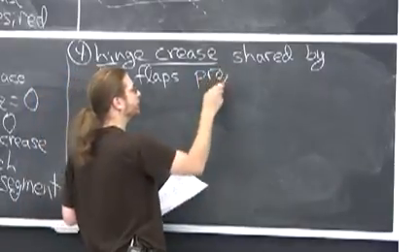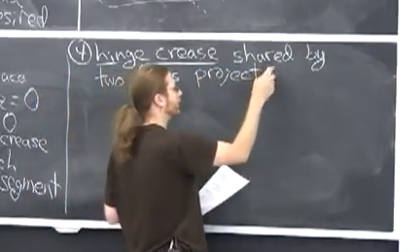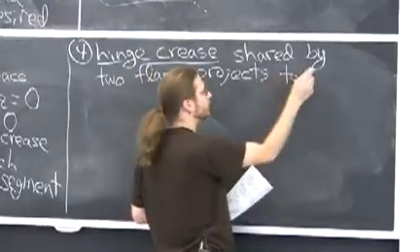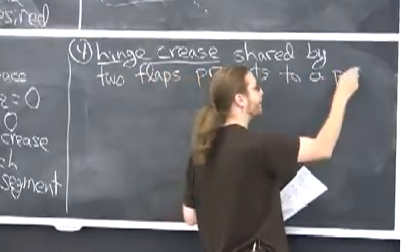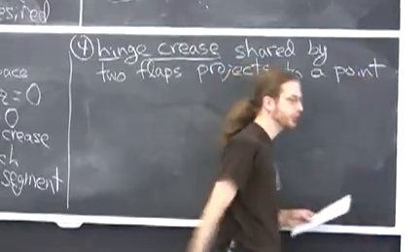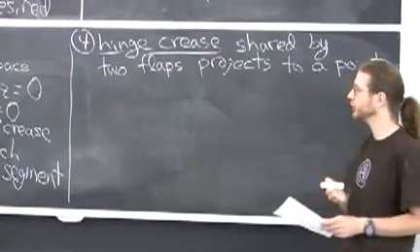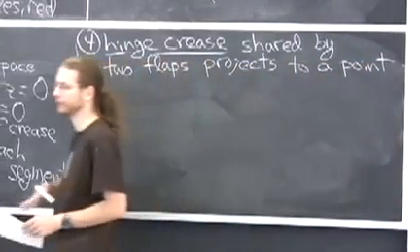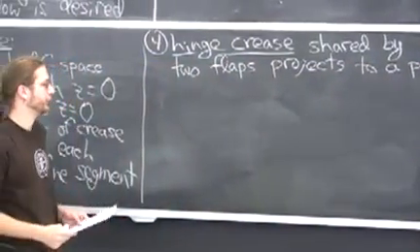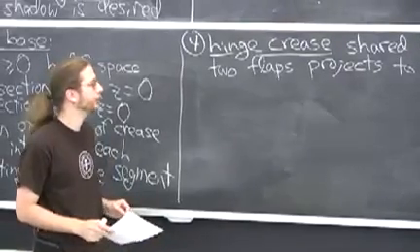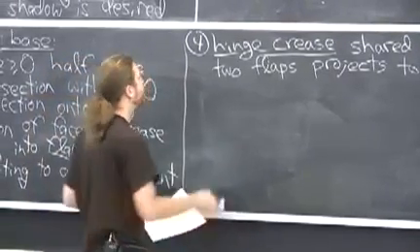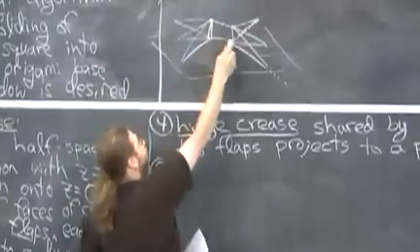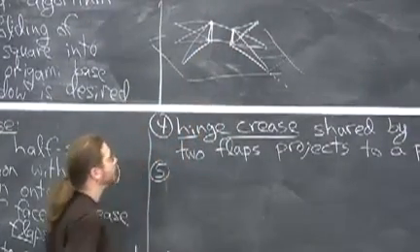These will always require that they project to a point. So this is equivalent to saying the hinge crease is vertical. It's perpendicular to the floor. I'm always projecting straight down onto the floor orthographically, just setting z to 0. And so that's saying these are the hinges. They should be vertical.